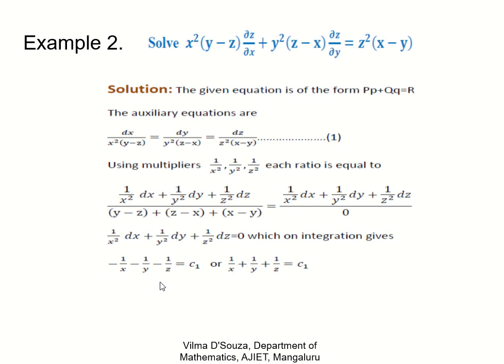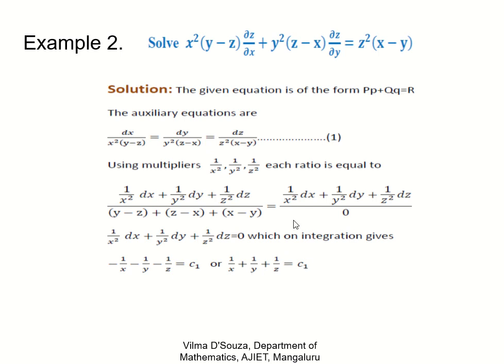Minus 1 by y. And integration of 1 by z square with respect to z is minus 1 by z, equal to c1. So you can multiply throughout by minus 1: 1 by x plus 1 by y plus 1 by z is equal to c1. So this is one of the solutions, u is equal to c1.